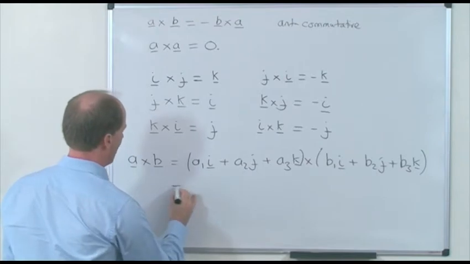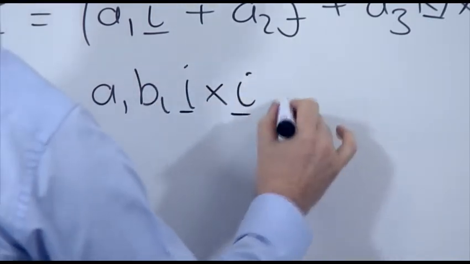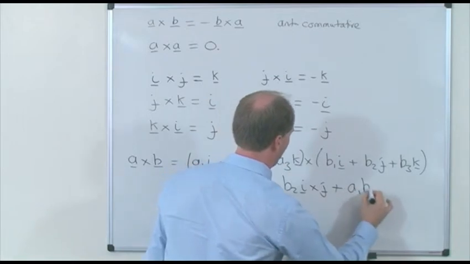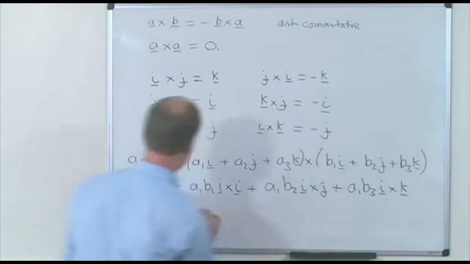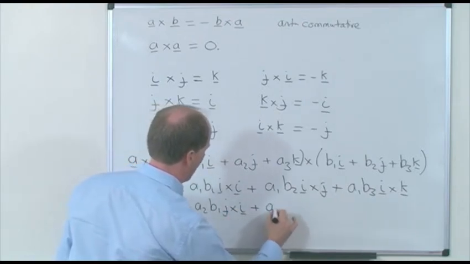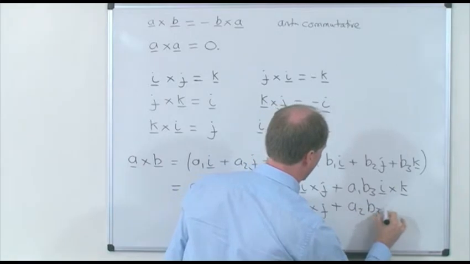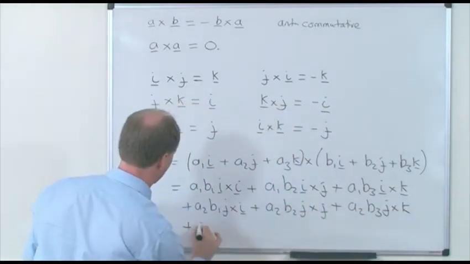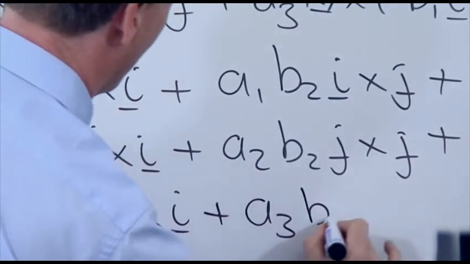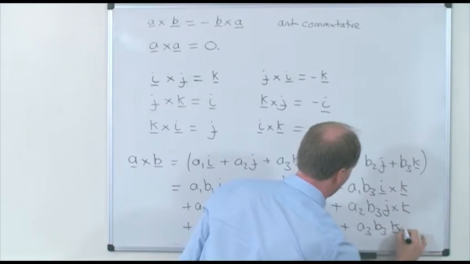If I work this out term by term, I get a1 b1 i cross i plus a1 b2 i cross j plus a1 b3 i cross k plus a2 b1 j cross i plus a2 b2 j cross j plus a2 b3 j cross k plus a3 b1 k cross i plus a3 b2 k cross j plus a3 b3 k cross k.